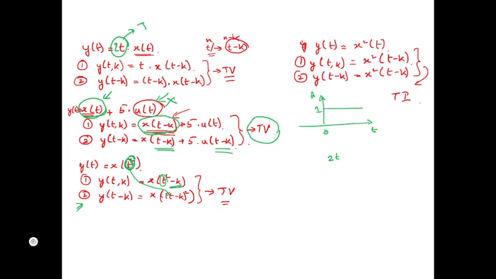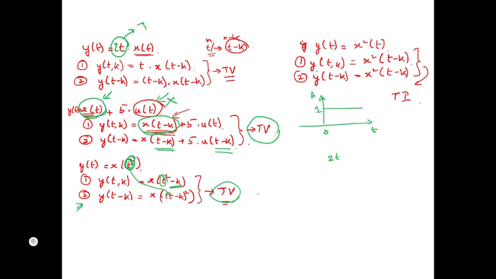But in the second step, if it is t square, t is being replaced with t minus k, that means t minus k whole square. If it would have been 2t, then it would have been 2 into t minus k, that means 2t minus 2k. Right? Clear? So again, the output of step 1 and step 2 are not equal, hence it is a time varying system.